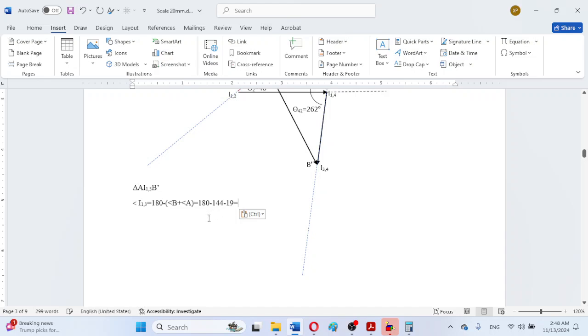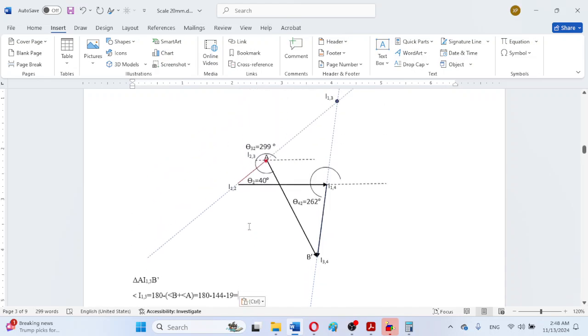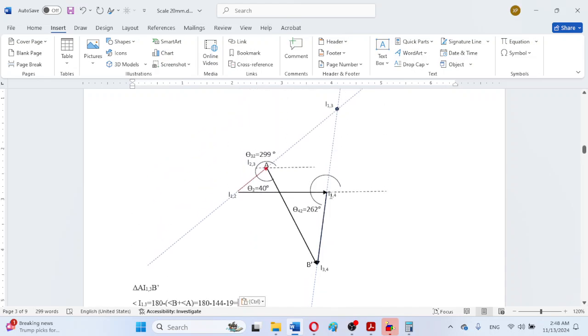So here we can change them, since we now require this angle. In a similar manner, for example, just make an imaginary reference here.